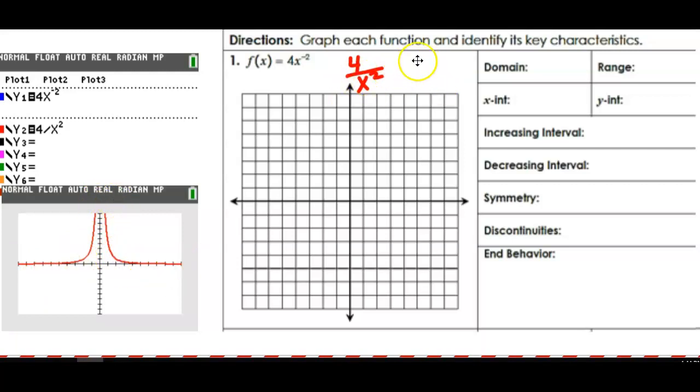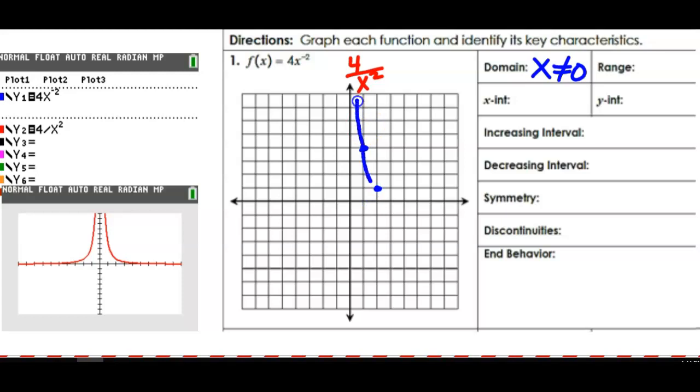All right, domain, I can put anything in there I want, except what? There is a discontinuity. I cannot put in x equals 0. And that's all I'm going to write because there's not a lot of room here. The range, if you look here, it's going to stay above. We should have graphed it. Let's see, if we put a 1 in, we get out a 4. If we put a 2 in, we'd get out a 1.